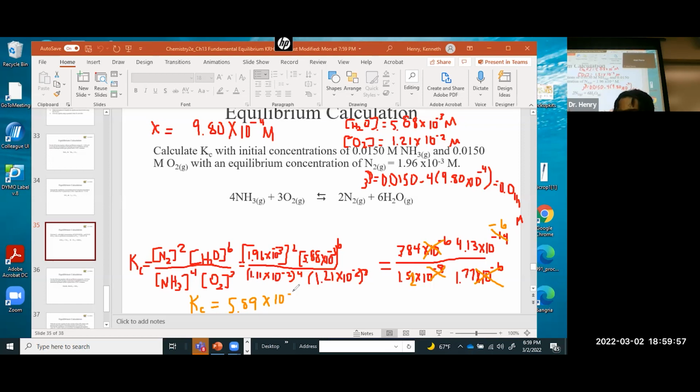Yeah, so it's your exponent. If it was 10 to the minus 18. So if you do these numbers, type in 3.84 times 4.16. Yeah, that's 10 to the negative 6.